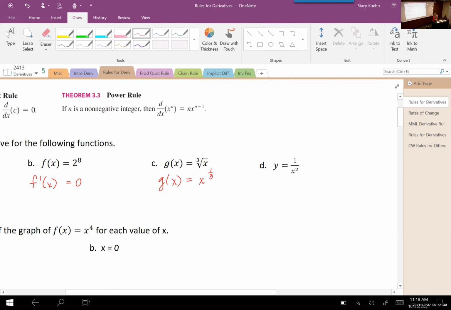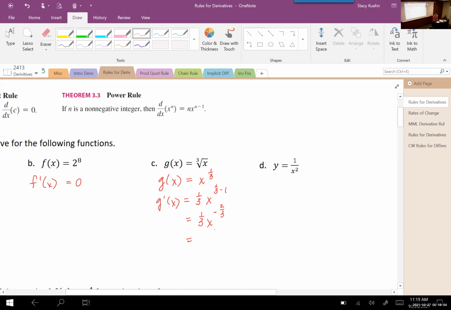So the derivative then, g prime of x, must be, bring the 1/3 down, and then it's x to the 1/3 minus 1. You'll be doing this part in your head probably pretty soon. But 1/3 minus 3/3 is negative 2/3, right? Okay, so x would be raised to the negative 2/3 power.